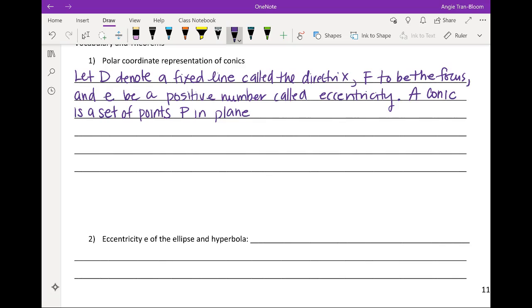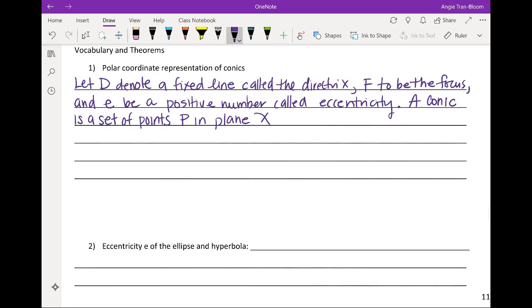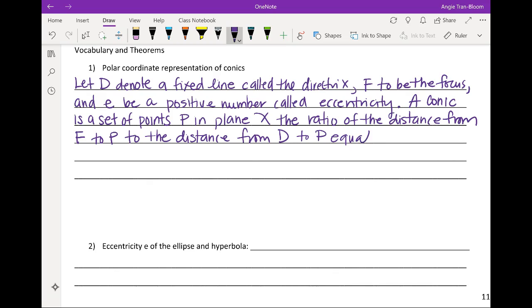So a conic is a set of points P in the plane such that the ratio of the distance from F to P, the focus to point P, to the distance from the directrix, big D, to that P equals E. That's verbally spelling out the definition of your conic in polar.